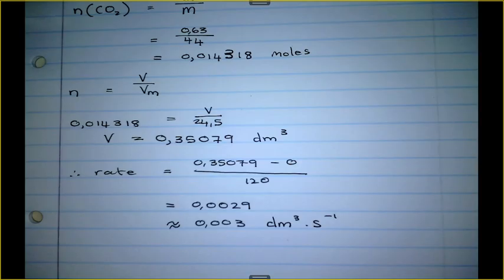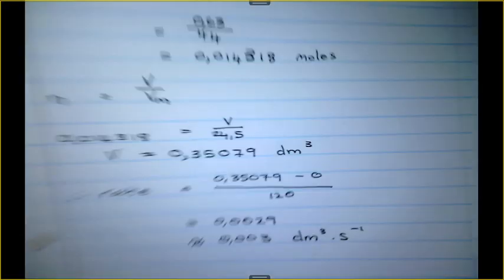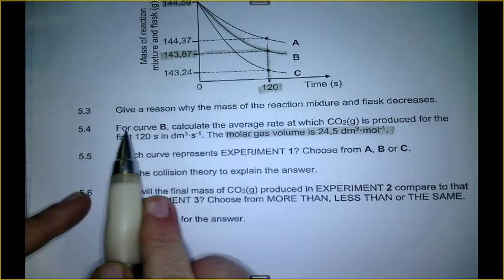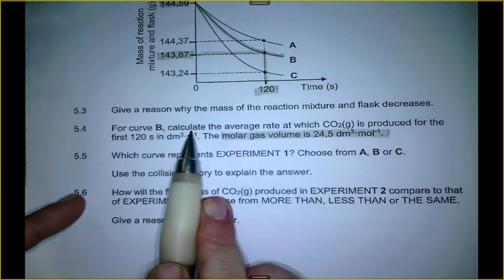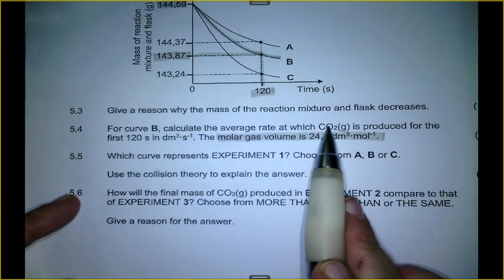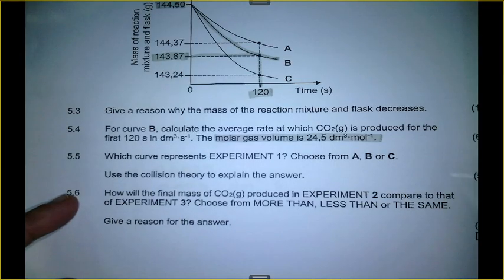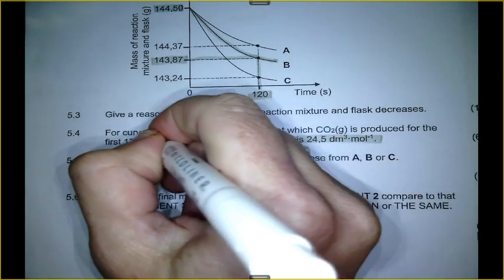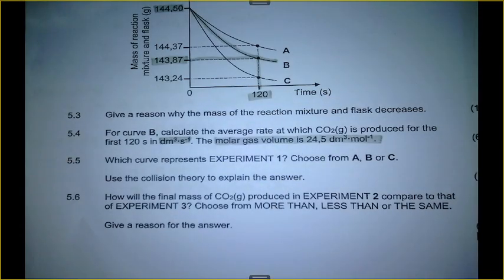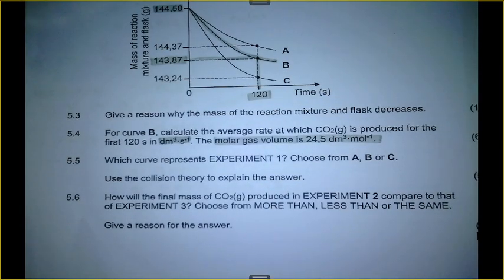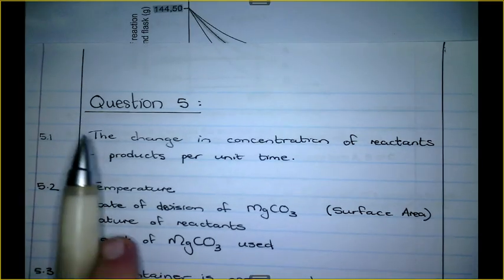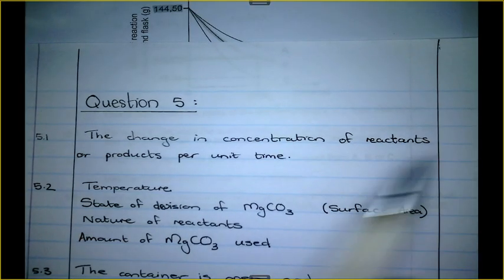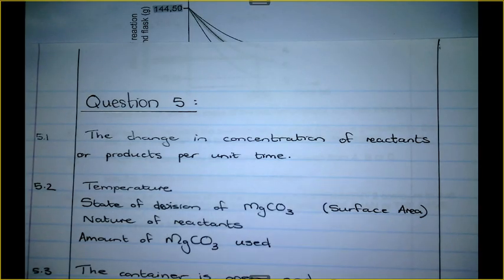Okay, you ask exactly the question that I have an issue with. Okay, so have a look here. For curve B, calculate the average rate at which carbon dioxide is produced for the first 120 seconds in cubic decimeters per second. Remember when I said to you the definition is change in concentration of reactants or products per unit time.